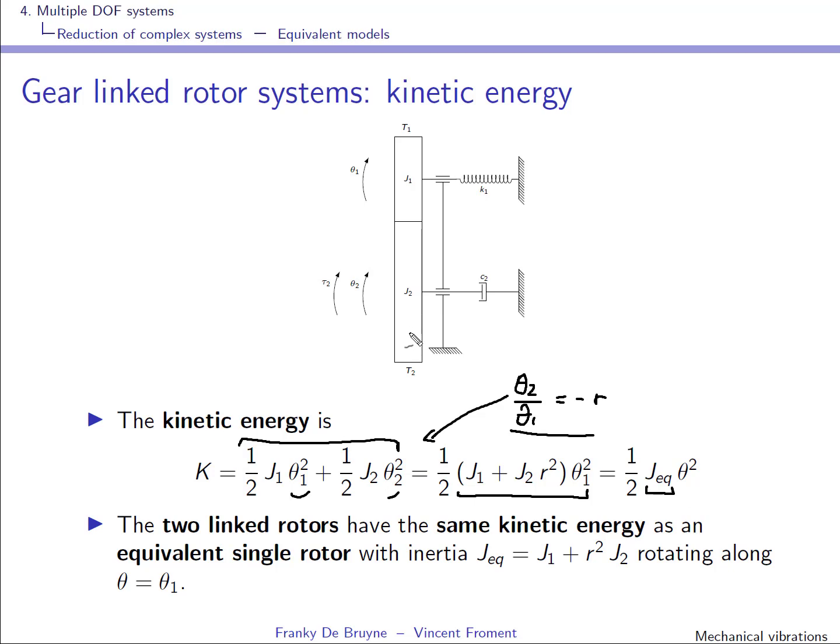It's bringing this moment of inertia on the driving side to the driven side. So this is what we had obtained earlier. The two rotors have the same kinetic energy as a single equivalent rotor with inertia given by this expression and rotating around theta equals theta 1.